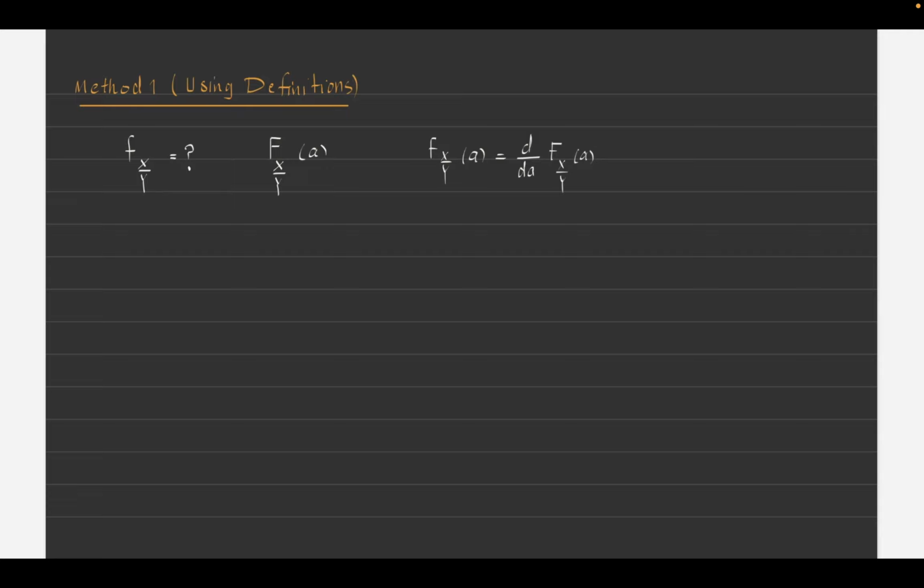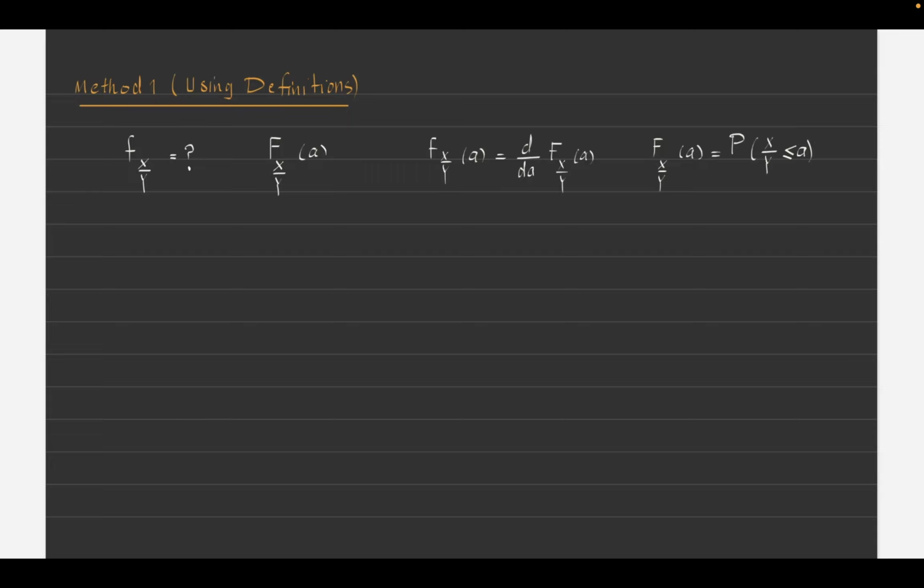And then you also need the definition of capital F, which by definition is the probability that your random variable, x over y, is less than or equal to a. This is what I want to calculate. If I succeed, then I use this formula and calculate the little f, which is the goal of this exercise.